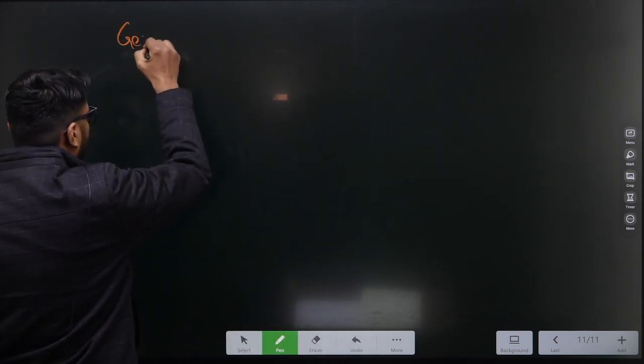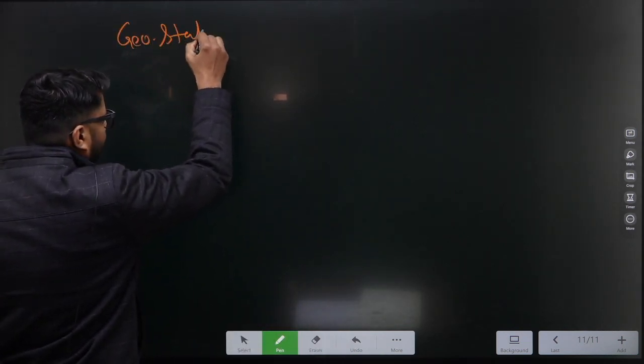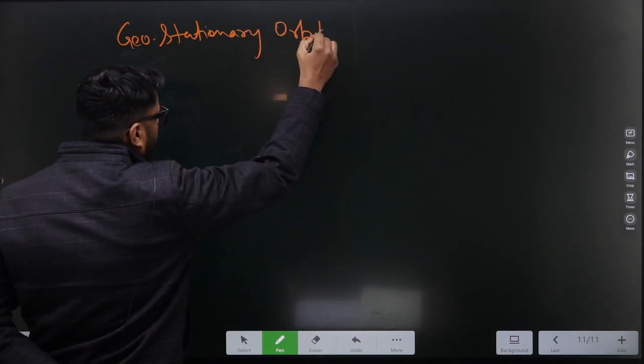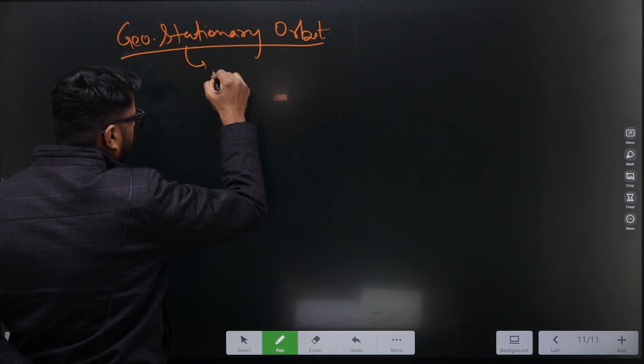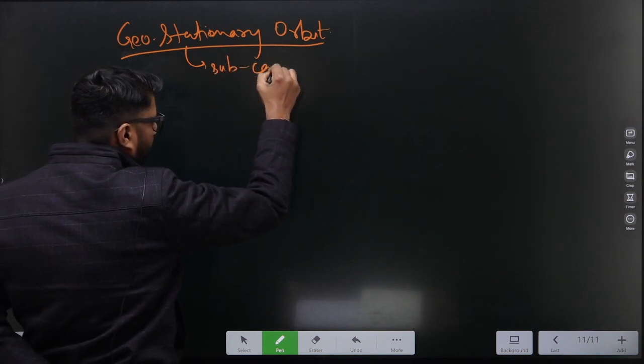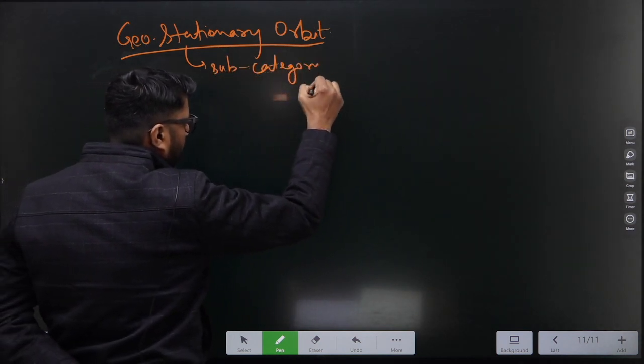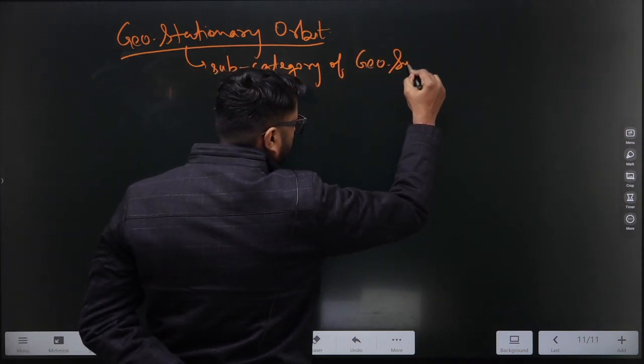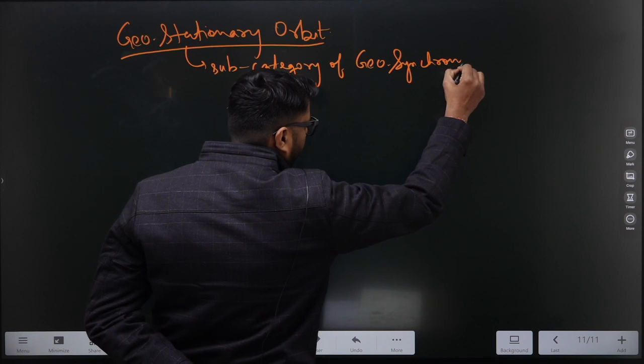What is that? The geostationary orbit is a subcategory of the geosynchronous orbit.